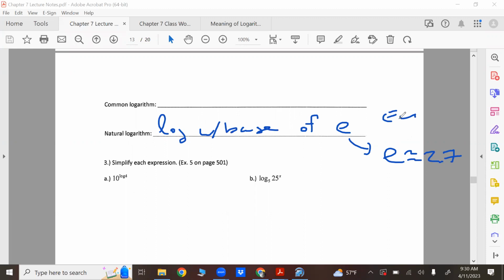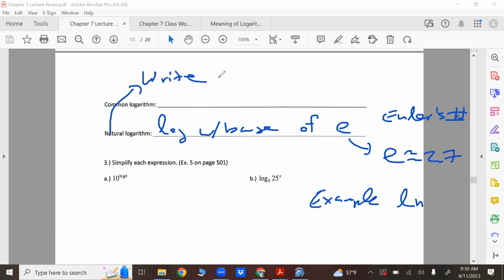Let me write that more nicely. Okay, good. So anyway, let me give you an example here. What if you have ln, you write it as ln. So what if you have natural log of, say, e squared?